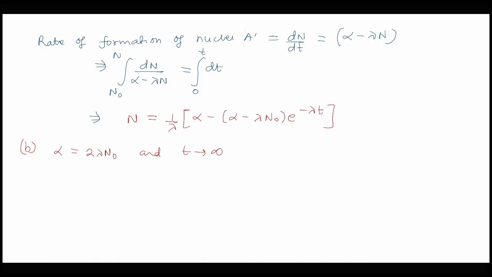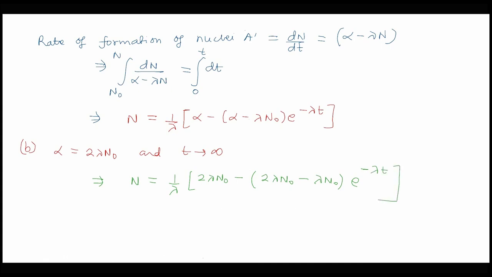If we put this value, we obtain n equals 1 by lambda times alpha, which can be written as 2 lambda n naught, minus lambda n naught e to the power minus lambda t, and t will be approaching infinity.